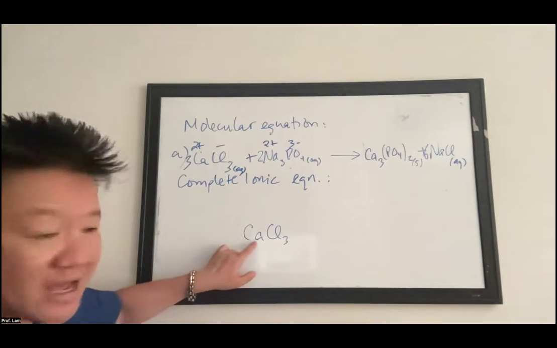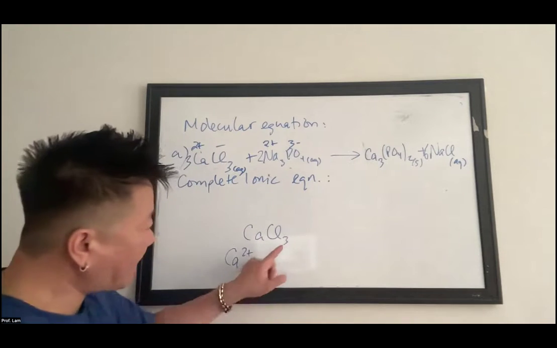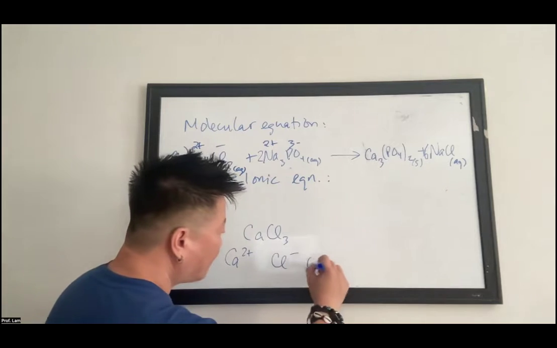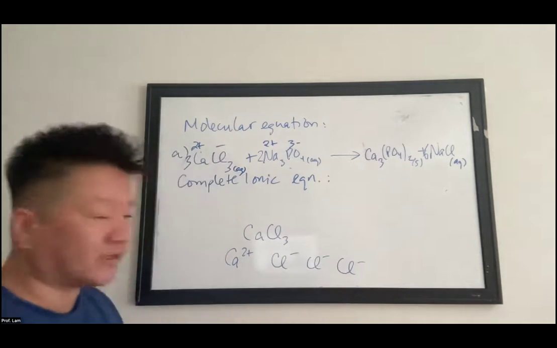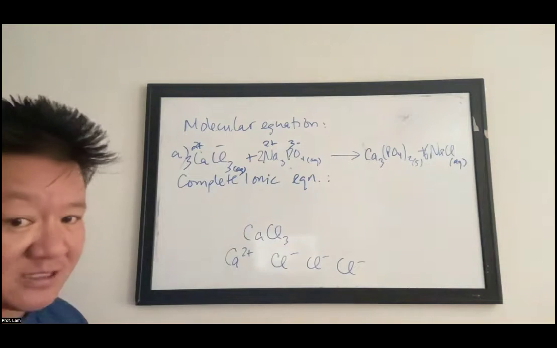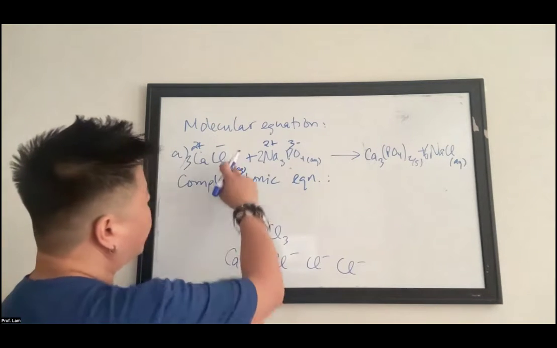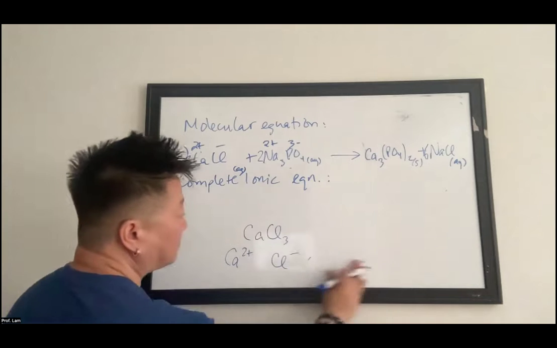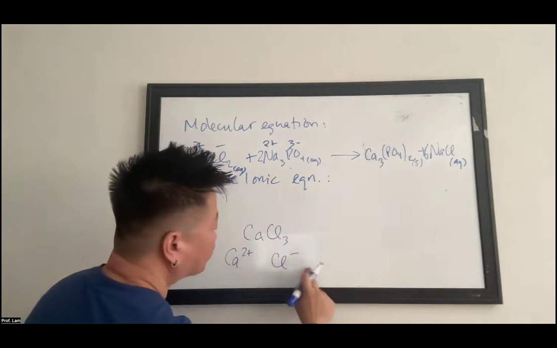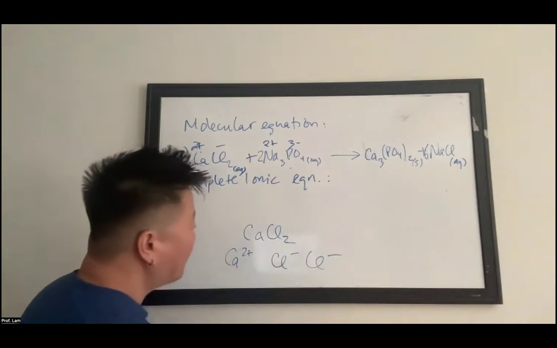What ions do I have? I have a calcium ion of 2+, and I have 2 chloride ions. Sorry, this is CaCl2, not 3. That makes sense, because it needs to balance.